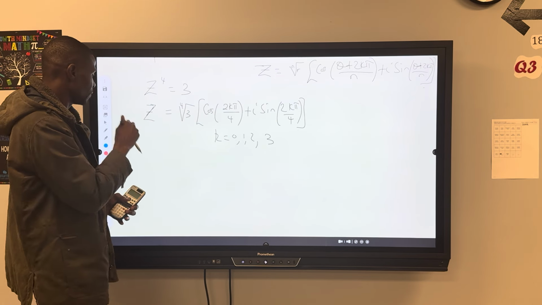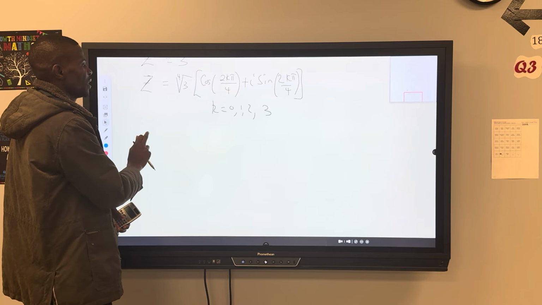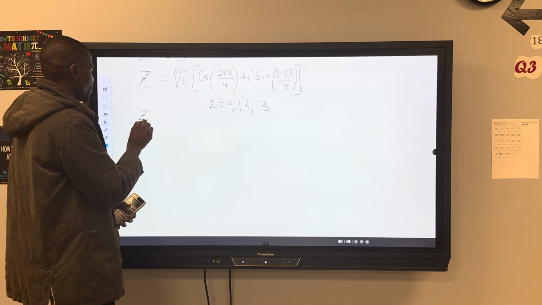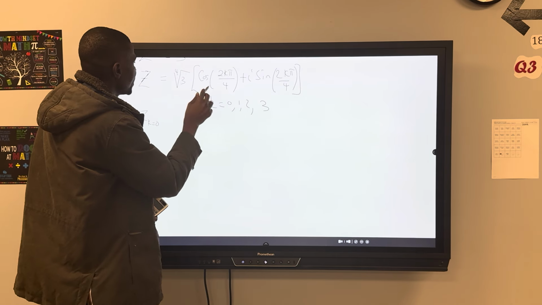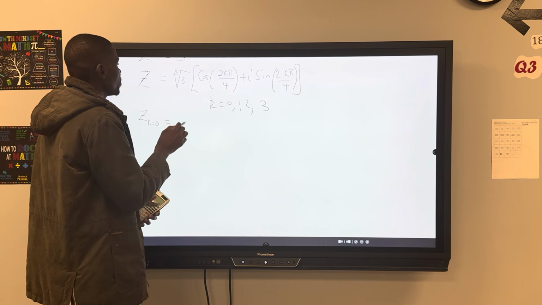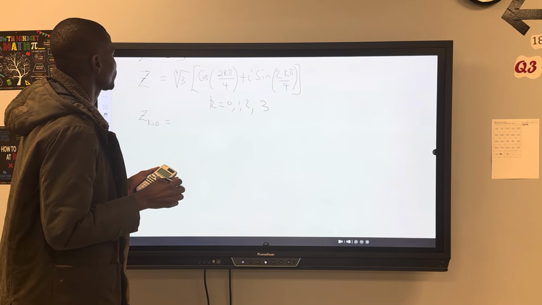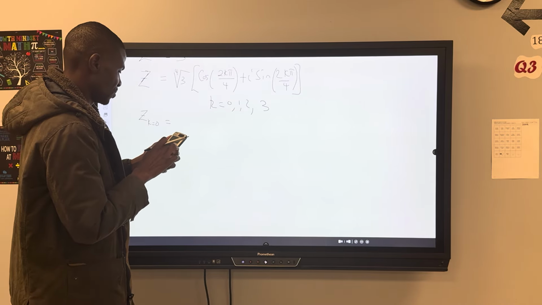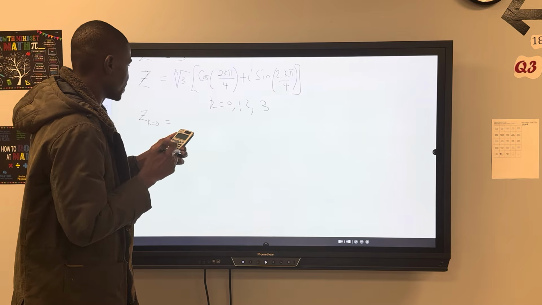Now let's start with k equal to 0. What is cos 0? Am I in gradians? Yes. So cos 0 here is just 1.